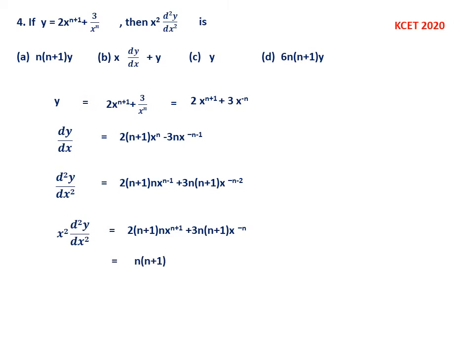Now if you take n into (n plus 1) outside, you get 2 into x power n plus 1 plus 3 into x power minus n. But this is y. Therefore the answer is n into (n plus 1) into y. So definitely A is the option. This is the 4th question.